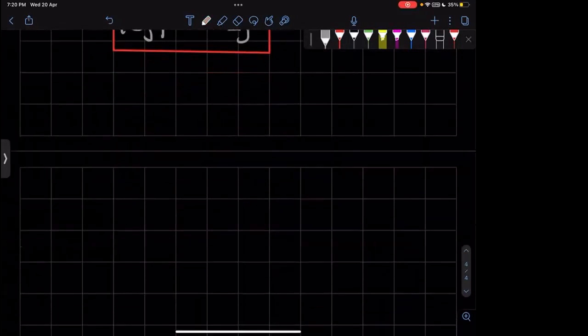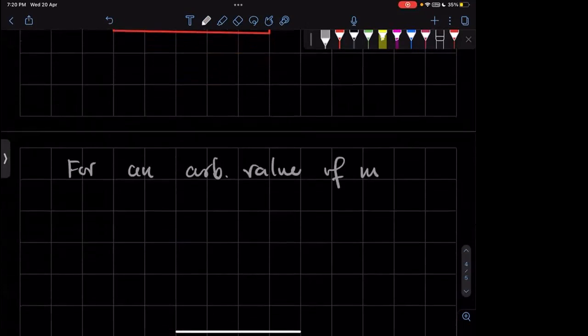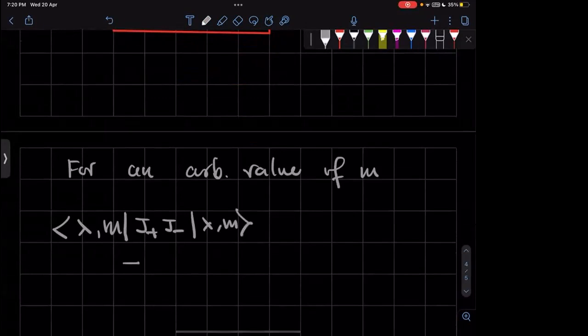So, for an arbitrary value of m in general, what we will have is lambda m bra j plus j minus lambda m ket minus lambda m bra j minus j plus lambda m.